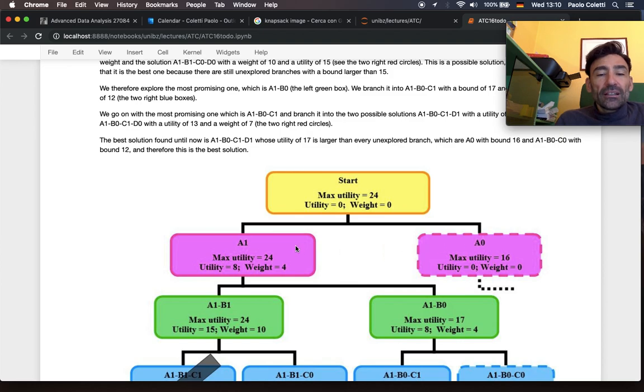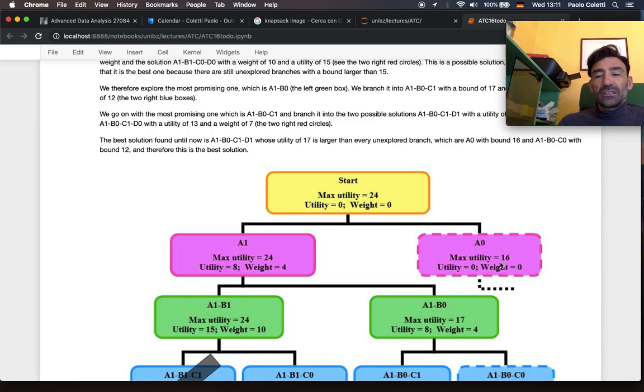Now you have 2 branches. This branch here and this branch here. What is the bound part of the algorithm? The bound part of the algorithm is this max utility, because you are sure that everything which belongs to this branch will never exceed 16 as utility. So this is the bound. So which branch do you choose to analyze further?